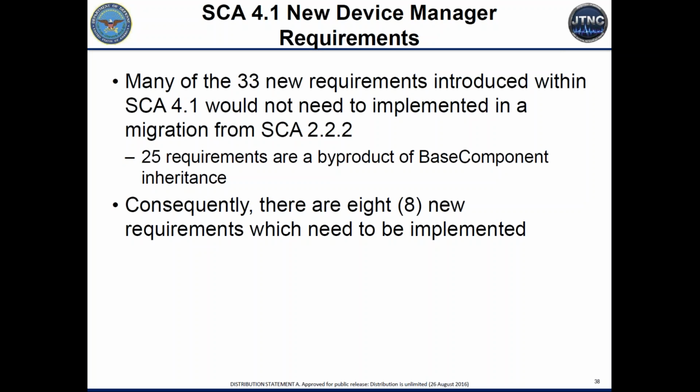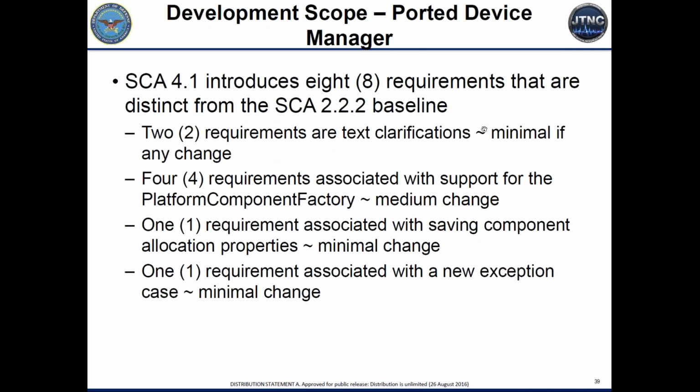But once those requirements are factored out, then the number becomes much more manageable regarding those 8 requirements that one would need to provide an implementation of during the migration activities.